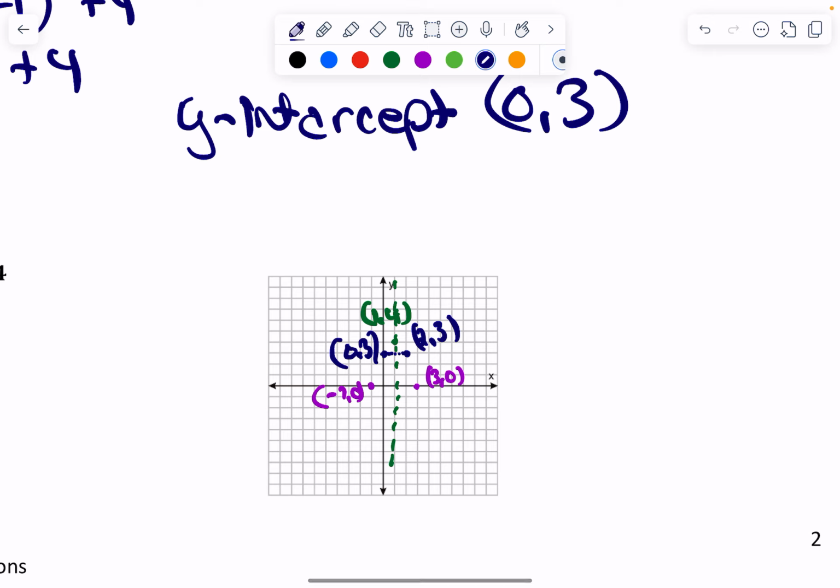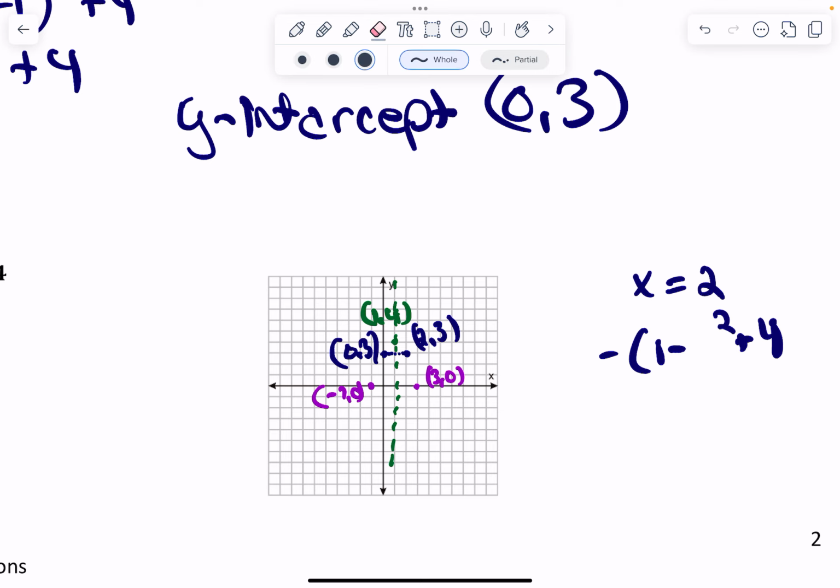And if you're not sure, we can do the calculation. We're missing that x equals 2, so we can just plug it in here. 2 minus 1 squared plus 4. Sorry, it was a 2, not a 1. That's 2 minus 1, that's what I was looking at.